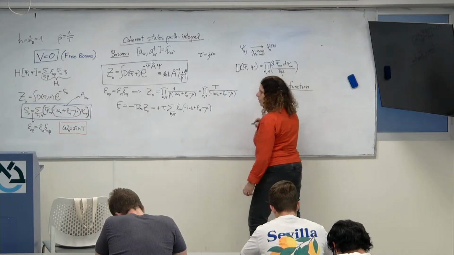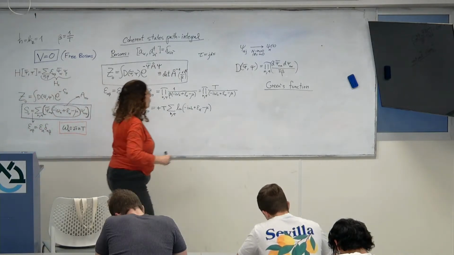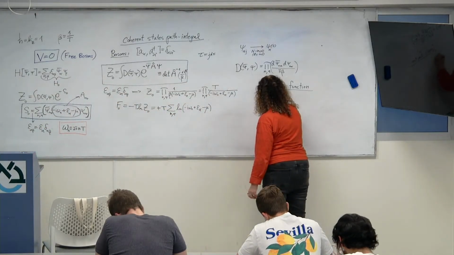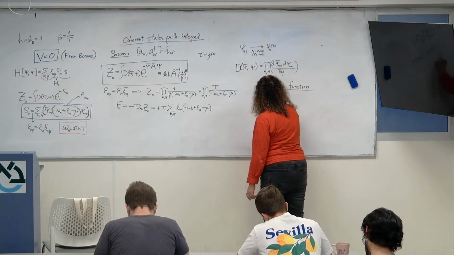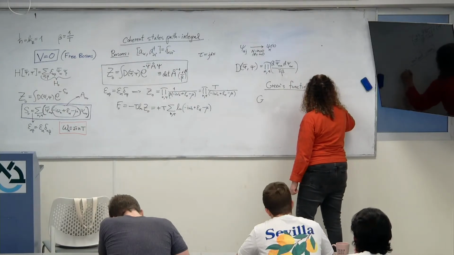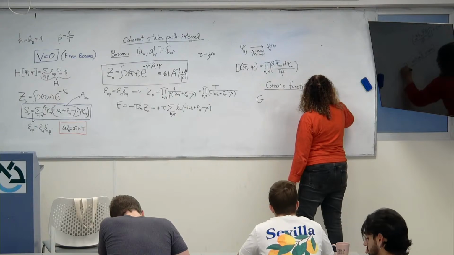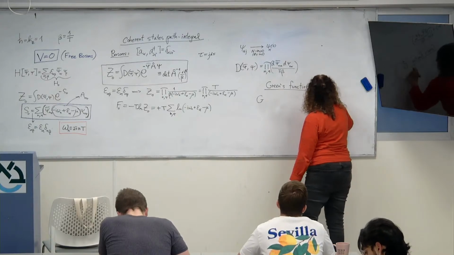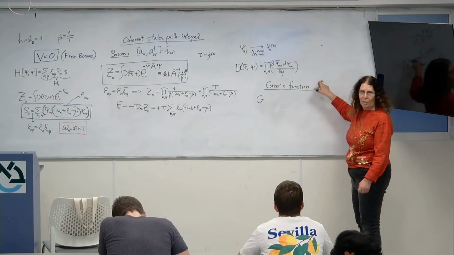Okay, so I define it as follows. So the Green's function is going to be some matrix that I denote by G. Okay, this is notation for a matrix.